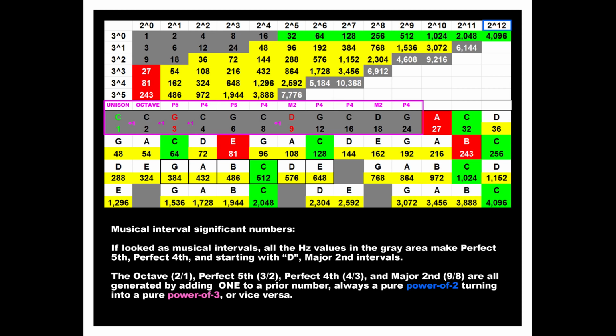The octave plus unison is a perfect fifth. The perfect fifth plus unison is a perfect fourth. And if we go up to 8 and add 1 to that, to get to 9, we get a major second. And those are the only times where a binary and trinary value occur next to each other and are separated by 1 unit.